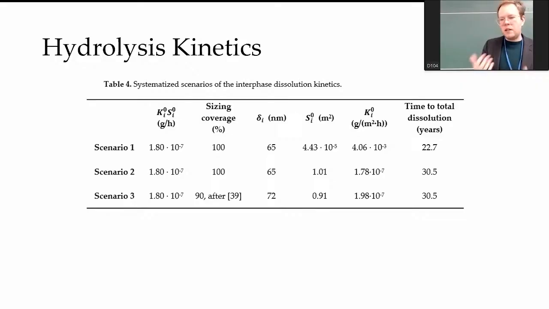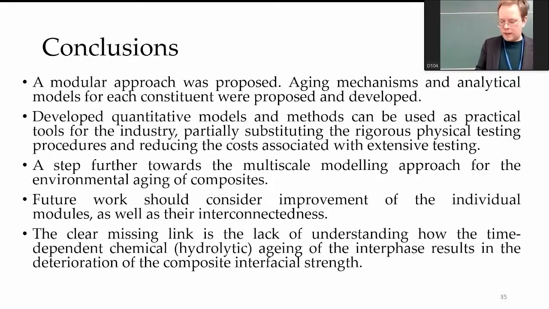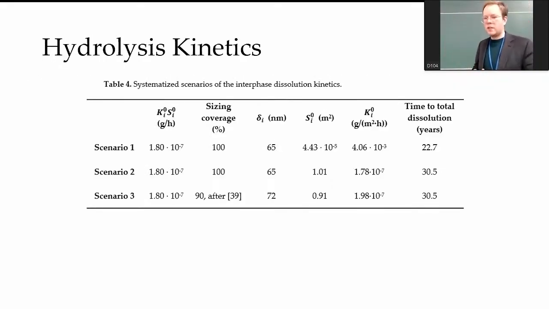And we have 3 scenarios because, as I told you, sizing is hard to analyze experimentally. So based on the models that are available in the literature, we had 3 scenarios. And in all 3 cases, scenario 1 is very improbable.